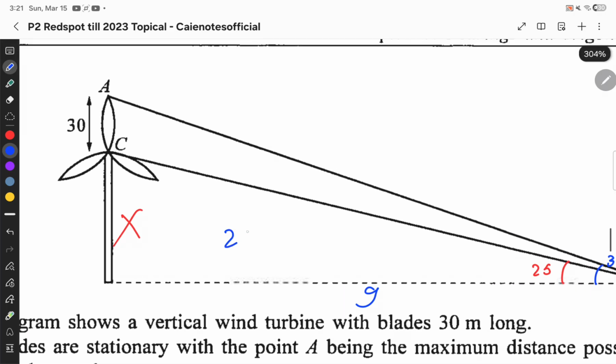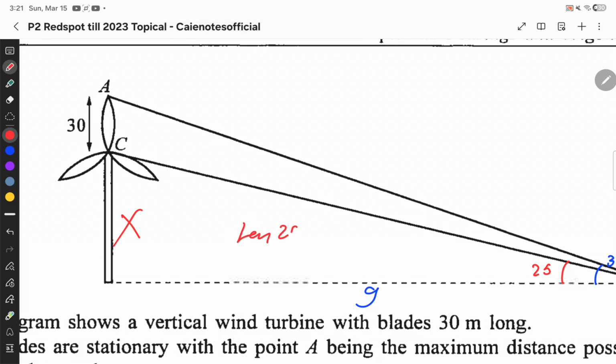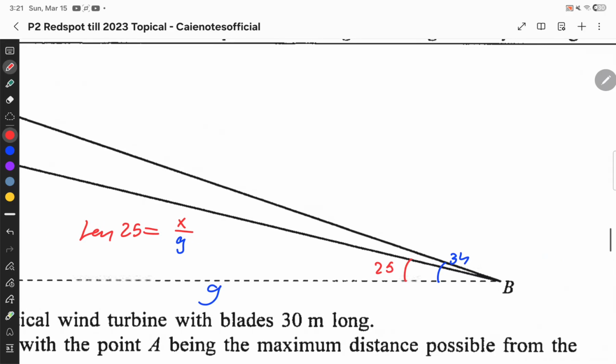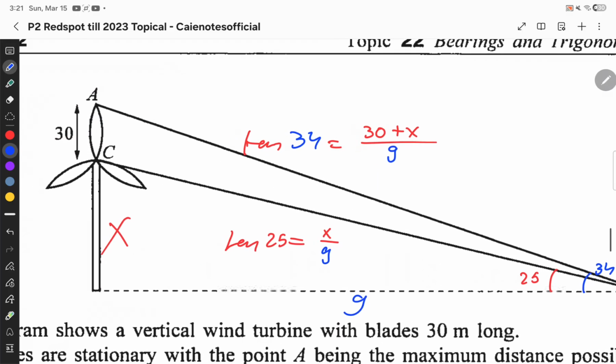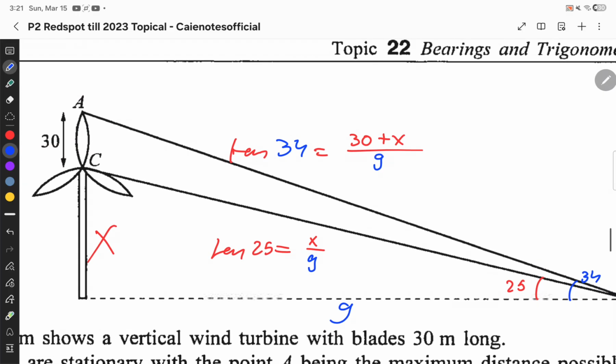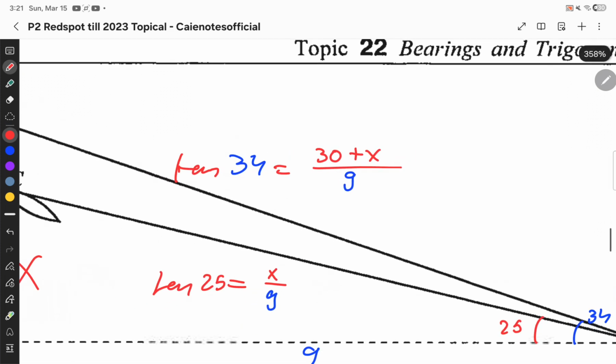We know that tangent of 25 is equal to opposite x over G, and tangent of 34 is equal to 30 plus x over G. We can remove the G by solving for G in here.